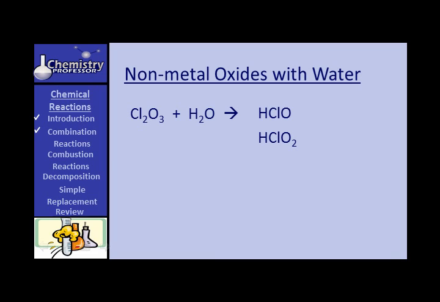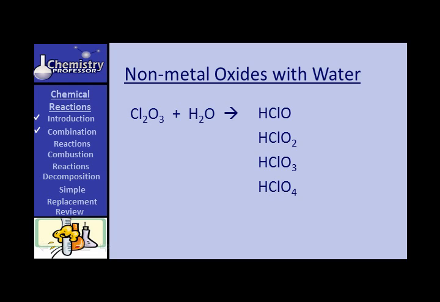And there is HClO2, chlorous acid, from the chlorite radical. There is HClO3, chloric acid, from the chlorate radical, and there is HClO4, perchloric acid, from the perchlorate radical. The question is, which one are we going to get here?